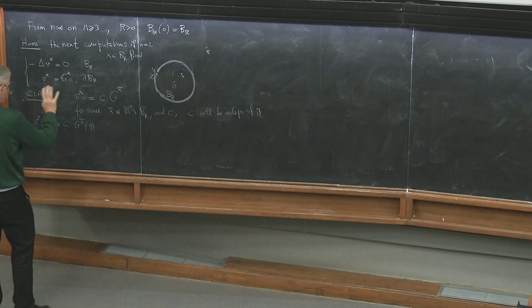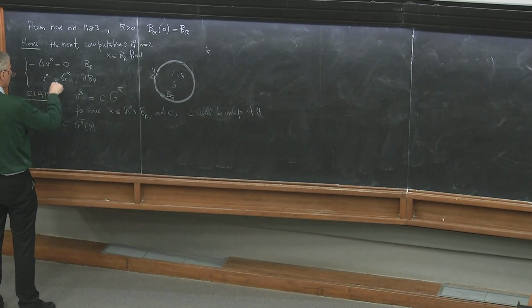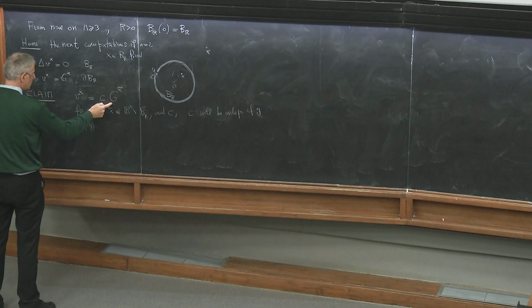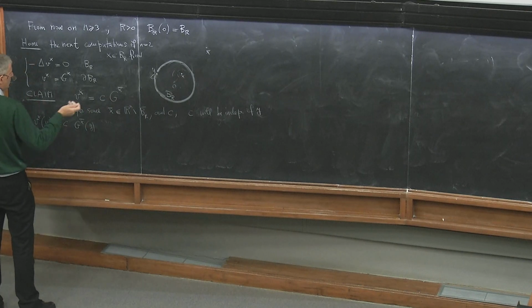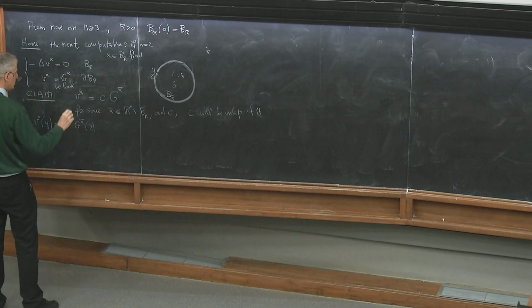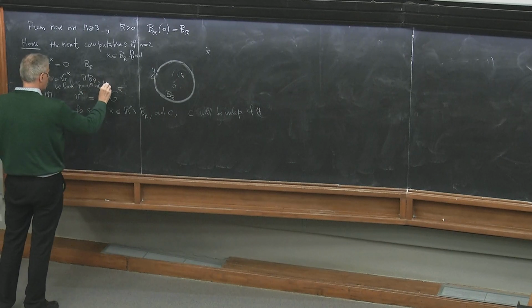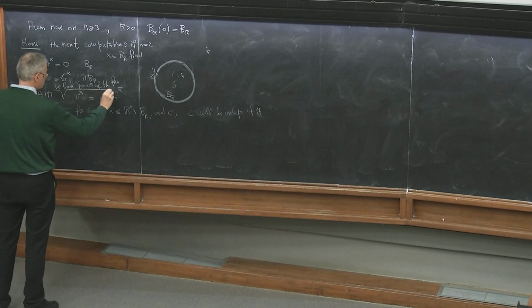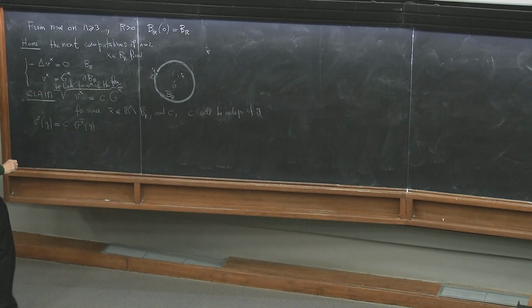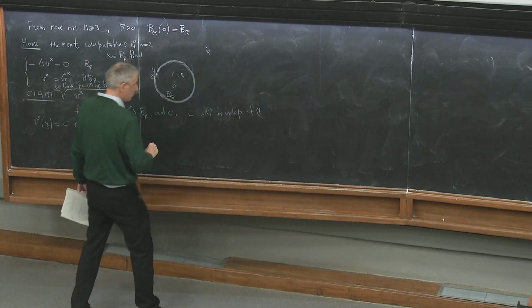We look for, let's put it like this, we look for a possible solution of this problem in this form. Just an attempt for Vx of the following form: Vx equal fundamental solution with a singularity at another point outside that we have to determine.